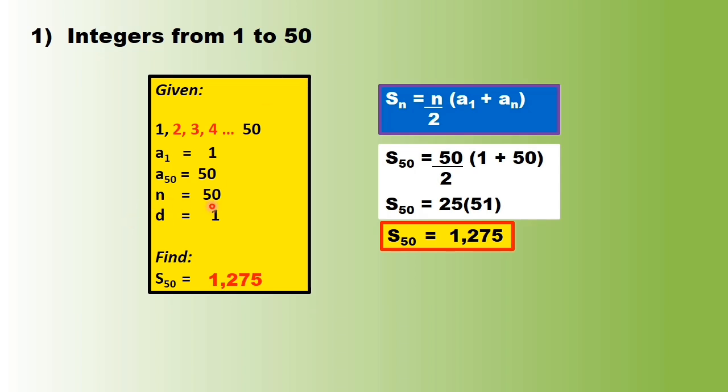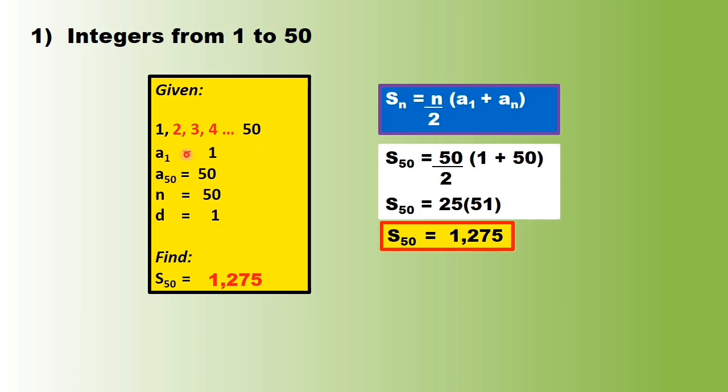Ang common difference, what is next sa 1? 2, then 3, 4, and so on. So, ang common difference nila ay 1 kasi 2 minus 1 is 1. Okay, 1 plus 1, 2, plus 1, 3, plus 1, 4.